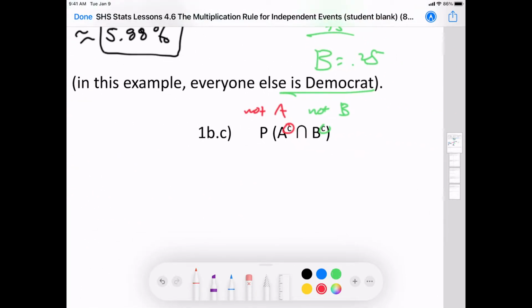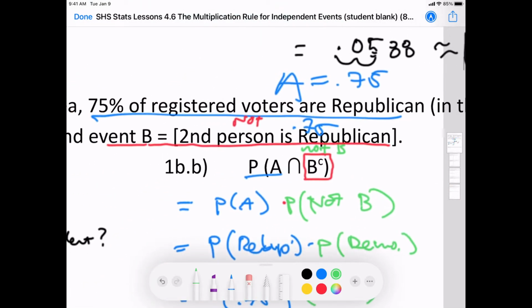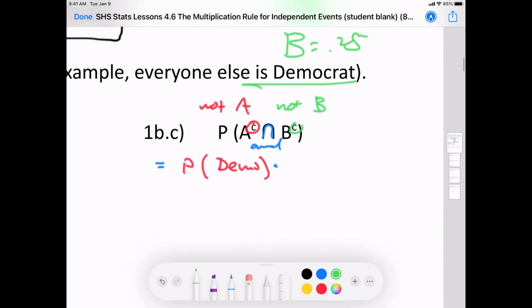Not Republican, in this problem, would be a Democrat. Again, this is a play on words like and, this is the intersection, so multiplication. And again, not event B, so that would be not Republican, a Democrat. So we want basically the probability of 2 Democrats.